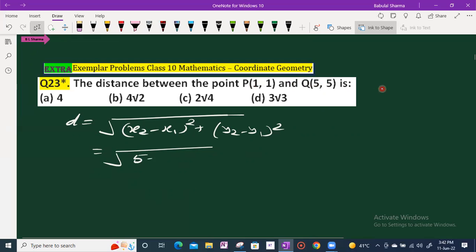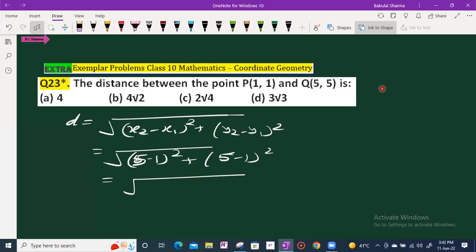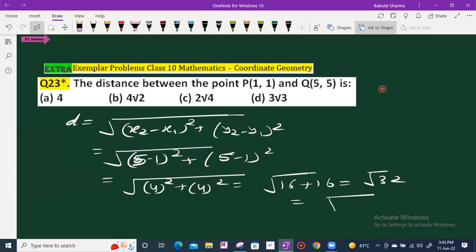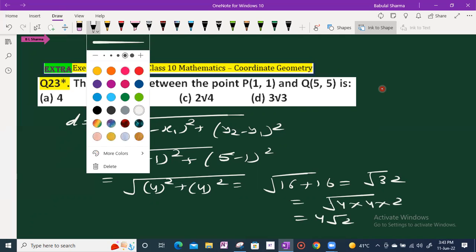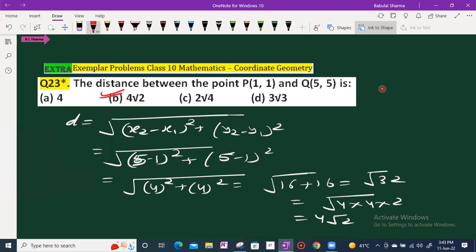So 5 minus 1 whole square plus 5 minus 1 whole square, that is 4 square plus 4 square. 4 square is 16 plus 16, that is square root of 32. You can write 4 into 4 into 2, that is 4 root 2. So the correct answer is B.